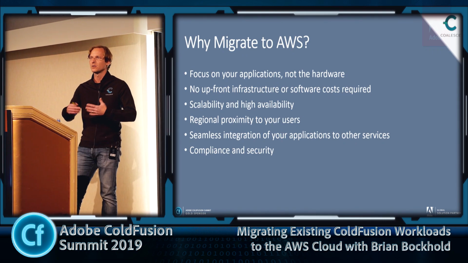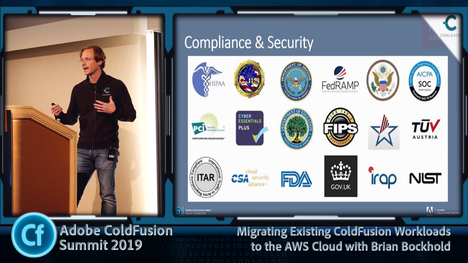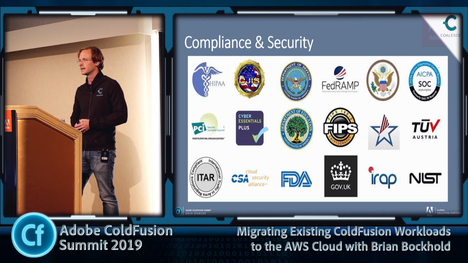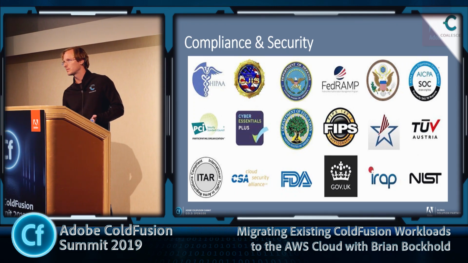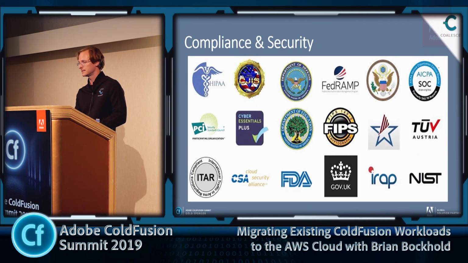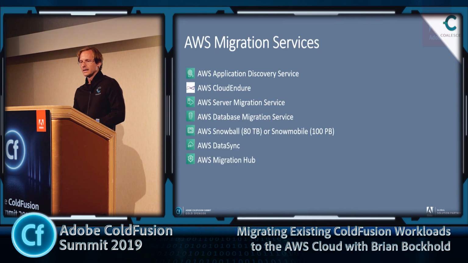AWS has a number of certifications and other regulation programs that they are compliant with. This is just a snippet, and you can go online to AWS's website to see more detail if you're looking for a specific compliance. In our case, we specifically use the PCI requirement for their infrastructure to simplify our requirements for a PCI audit.